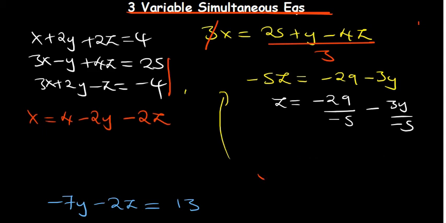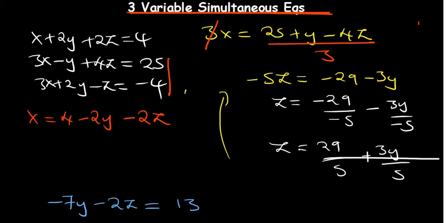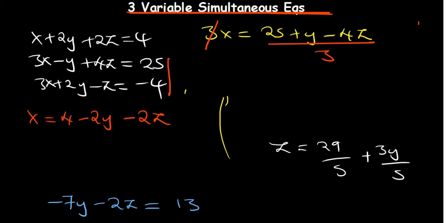So at that point, our z becomes 29 over 5 minus 3y. So it's going to be positive as well, over 5, which we can just combine and have a common 5, right? Okay.